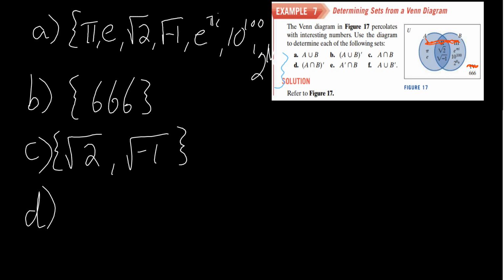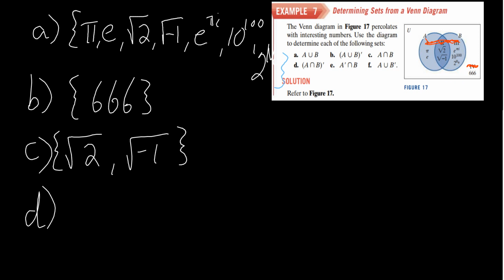D, A intersect B complement. Okay, so A intersected with B, we said, was in that dark shaded area. Well, the complement of that is going to be everything but that. So it's going to be all this, and 666. It's going to be everything but basically what we wrote in C. Everything but that.